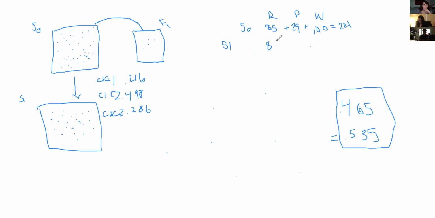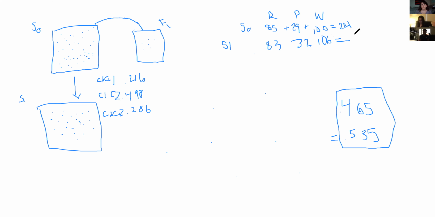What we saw was 83 red-eyed flies, 32 pink-eyed flies, and 106 white-eyed flies. Let me add those up on a calculator, because calculators are great.